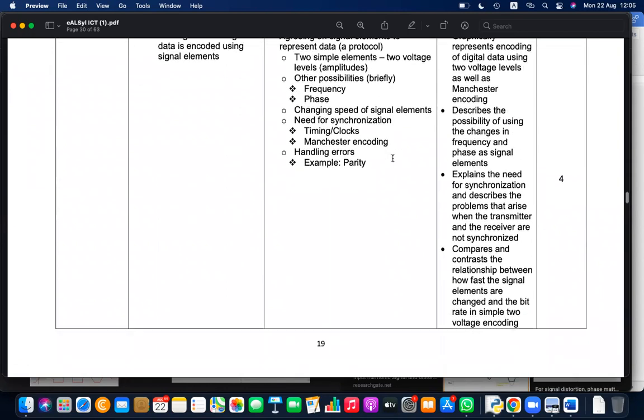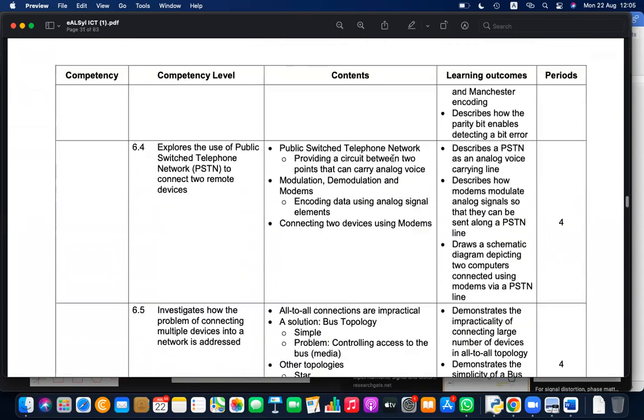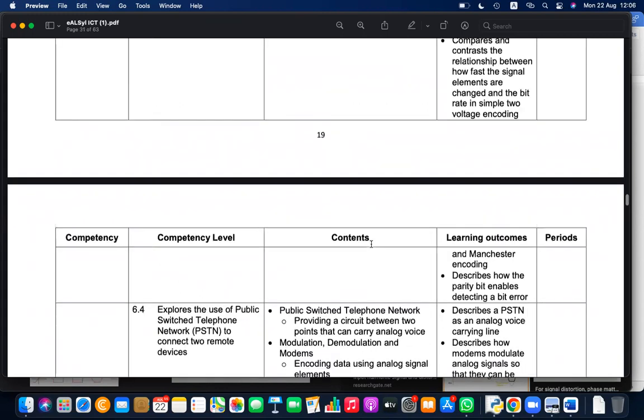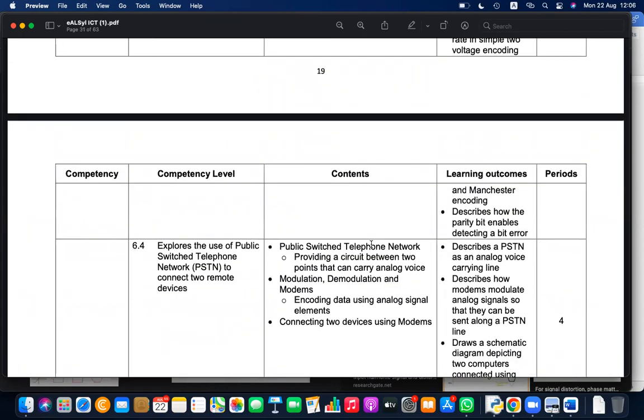Now it's high time to learn about protocols. What are protocols? What's the difference between protocol and topology? Here topologies are also there, protocols are also there. Protocols are the set of rules and regulations for networking.